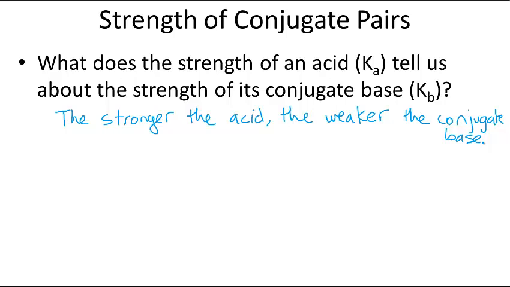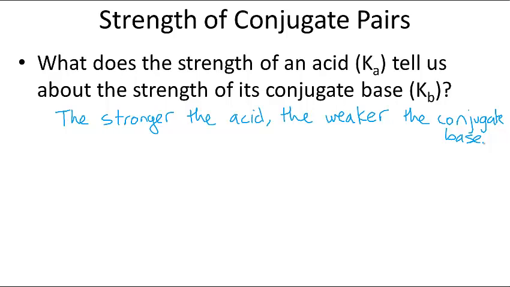So now let's look at it mathematically. Ka is a mathematical measure of how strong an acid is. Kb is a mathematical measure of how strong a base is. Will there be a relationship between those two numbers for a conjugate pair? And I want to be clear when we're talking about a conjugate pair.